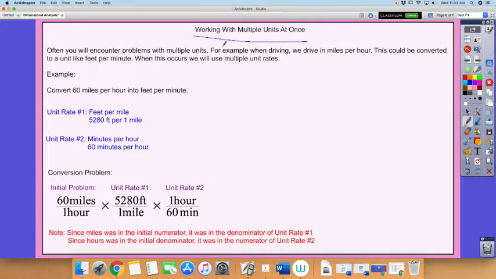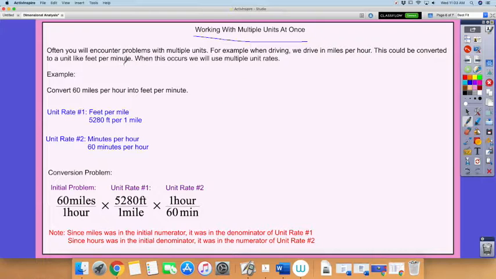So for example, if we're driving somewhere, we tend to drive in miles per hour. Or if you're somewhere that uses the metric system, you drive in kilometers per hour. And then we could convert that into something smaller like feet per minute. Because maybe we don't have a good idea of what miles and hours is, but we know how many feet we can go in a minute.